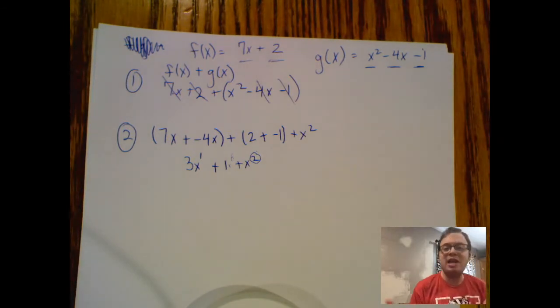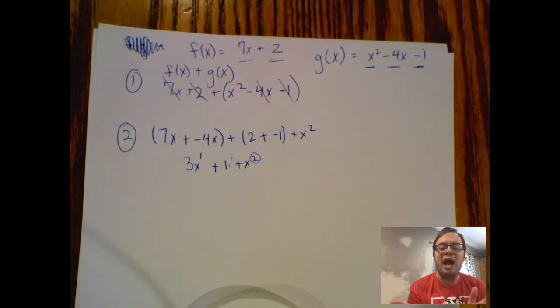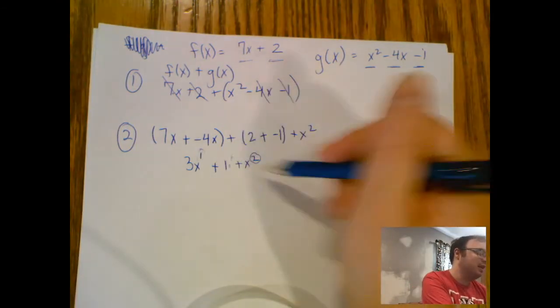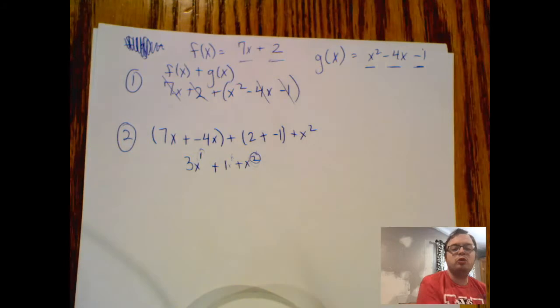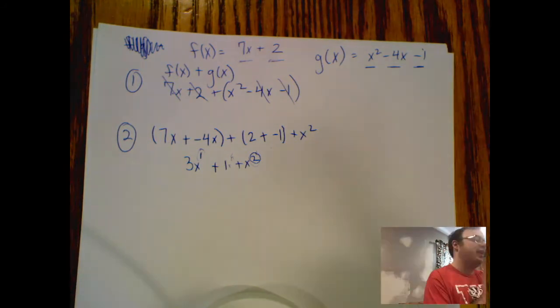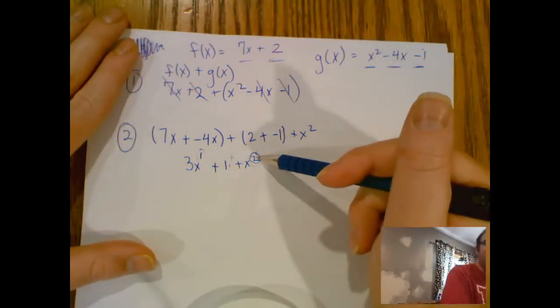When you don't have an x on the 1, that degree is 0. If you have 3x to the first power, that degree is 1. And x squared has a degree of 2 because x squared is x to the second power.